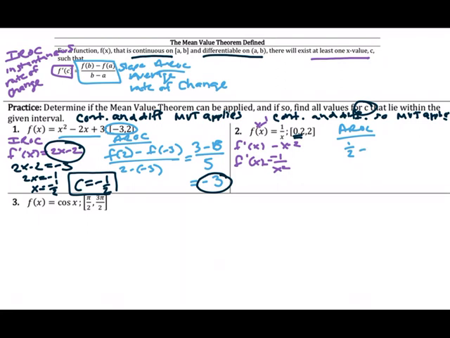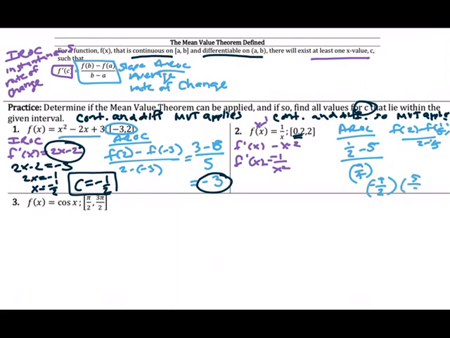If I have 1 over 1/5, that's going to become 5. So this is f of 2 minus f of 1/5 all over 2 minus 1/5. And if I divide this by 2 minus 1/5, 10/5 minus 1/5 is 9/5. So I really have negative 4.5, which is negative 9 over 2.